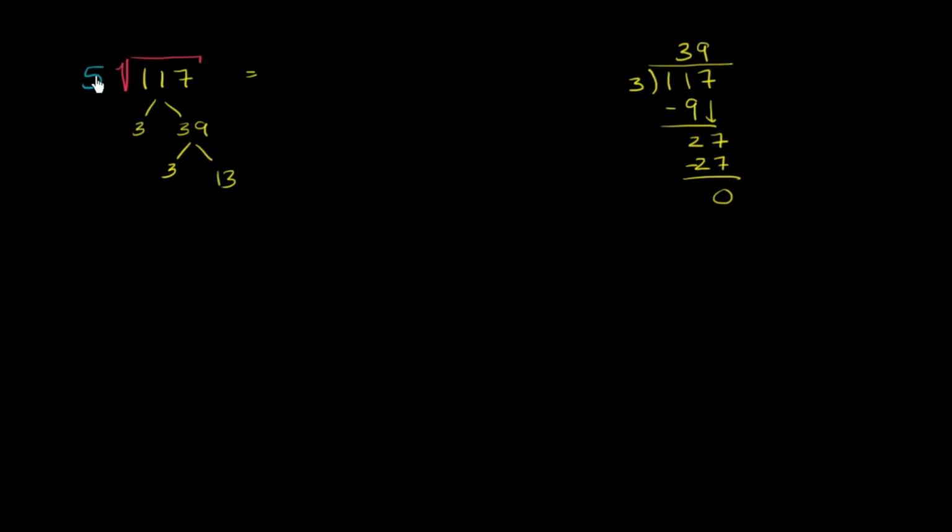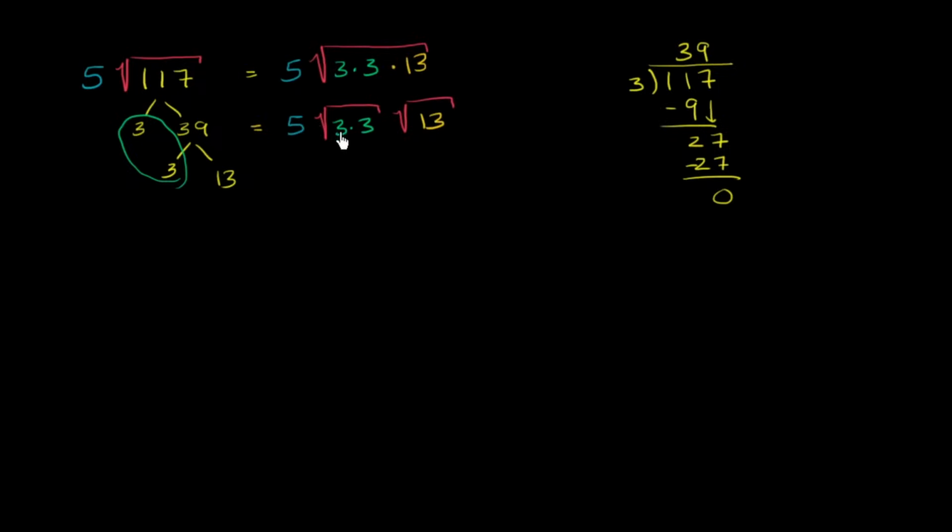So we could say that this thing is the same as 5 times the square root of 3 times 3 times 13. And this is going to be the same thing, and we know this from our exponent properties, as 5 times the square root of 3 times 3, times the square root of 13.